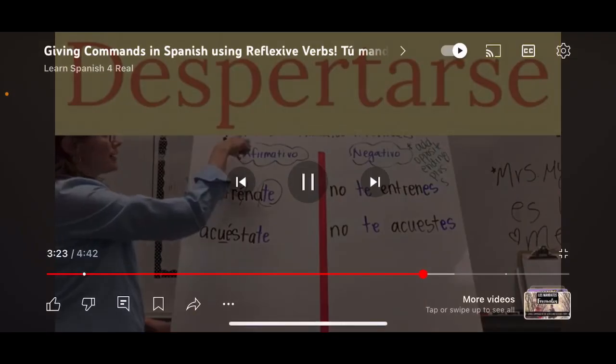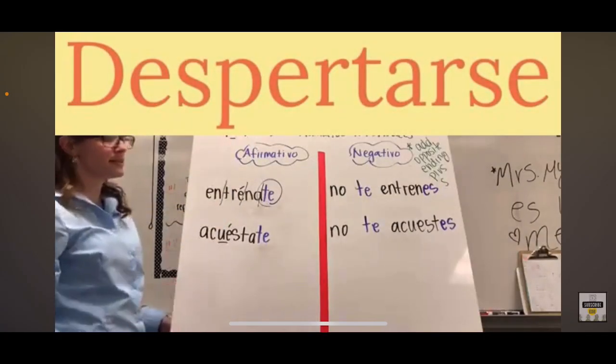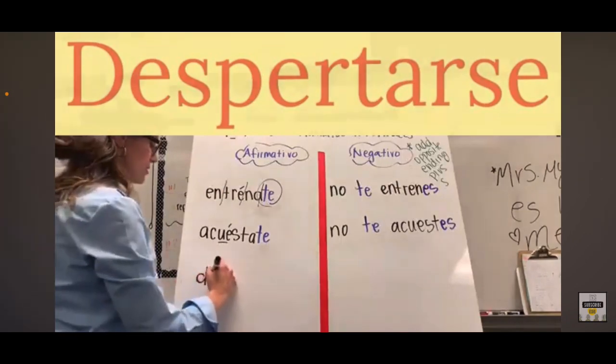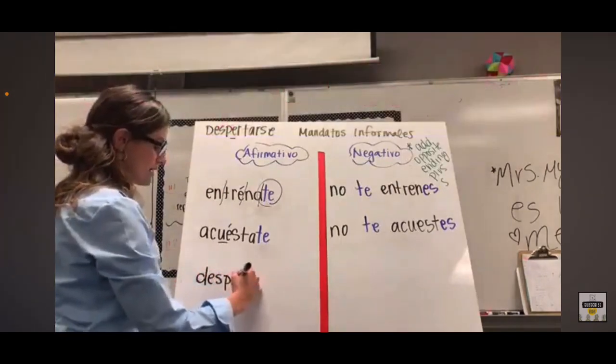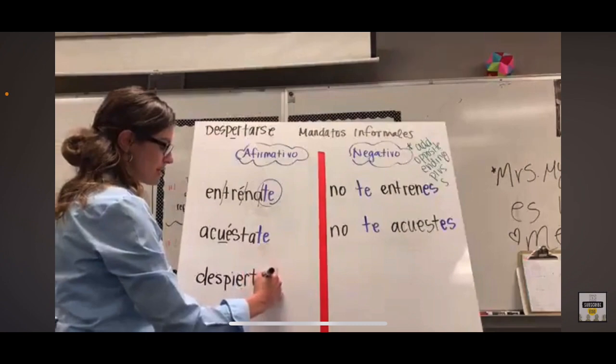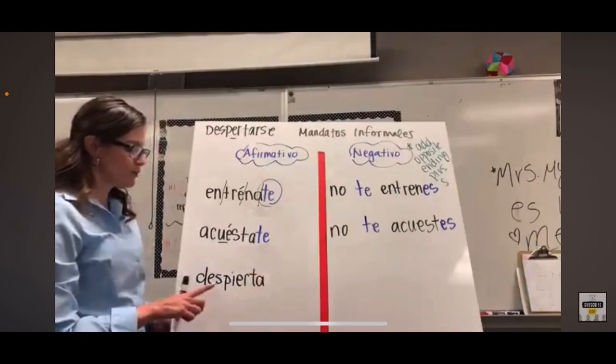Despertarse. There we go. IE. So we don't say desperta. You have to change the E to IE. So it's despierta. Okay, another stem changer, but this one is an E to an IE. But you're probably wondering, Charlie, there's two E's.